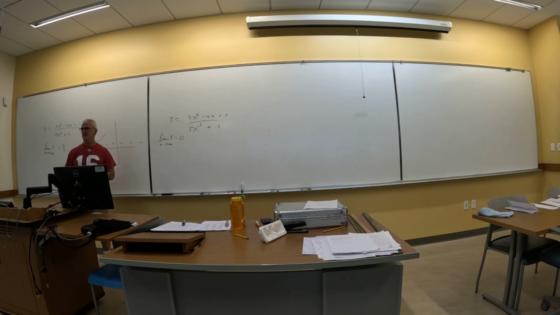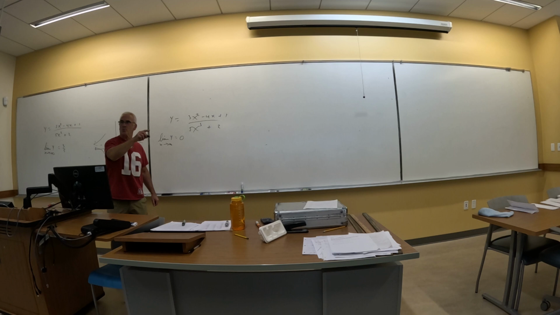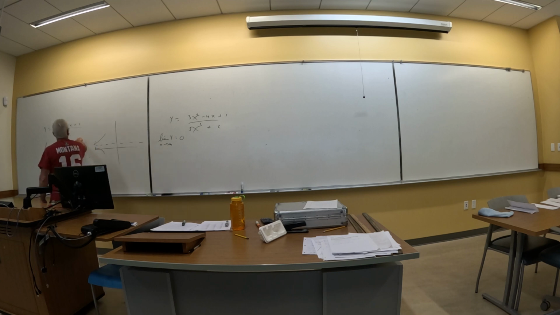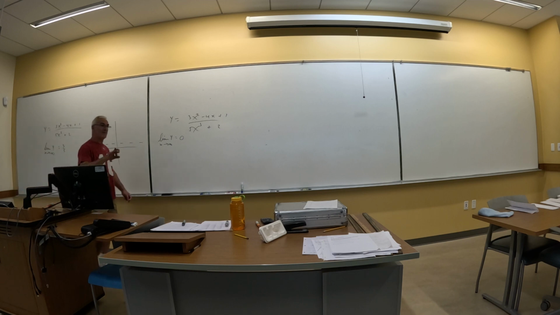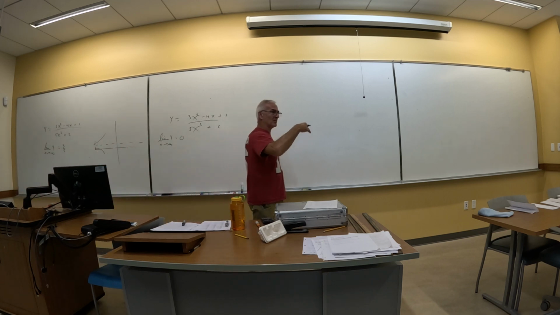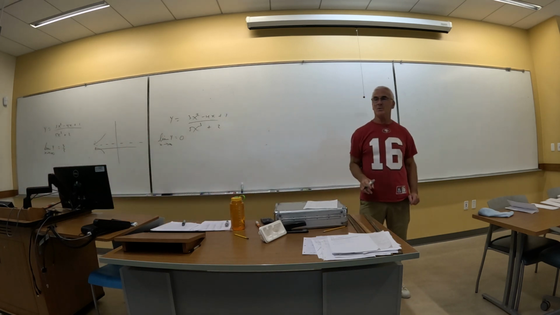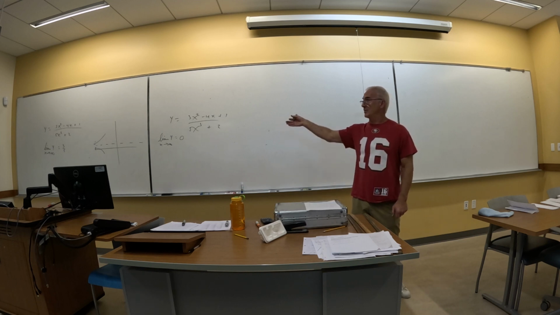What does that mean? That means the x-axis, the line y equals 0, will serve as an asymptote. Kind of like in an exponential function, we see that. So in both cases, I have a horizontal asymptote. One of them was y equals a constant, the other was y equals 0. But a horizontal asymptote is usually fairly simple because I can look at just the degrees. Now, if I throw in other things, exponential functions, logarithmic, it's a little bit more difficult. But certainly for rational functions.